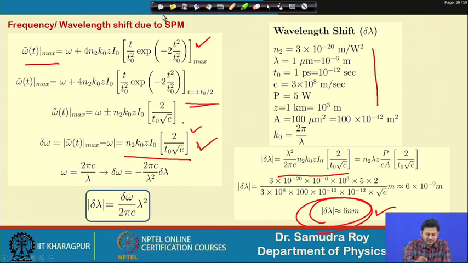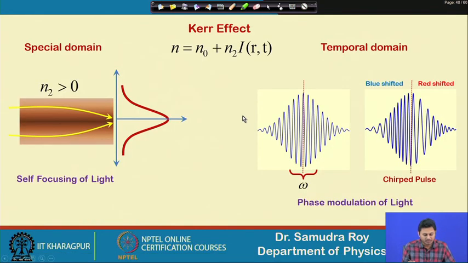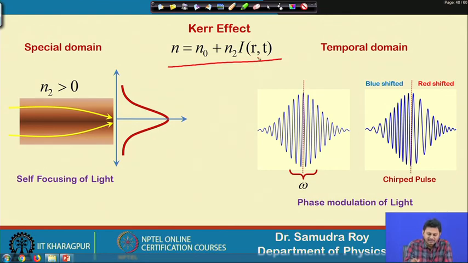With this note, let me finalize today's class. Two important things we note about this Kerr effect, and this concept you should understand very clearly. In the Kerr effect we have intensity, and this intensity is a function of position as well as having a temporal part.